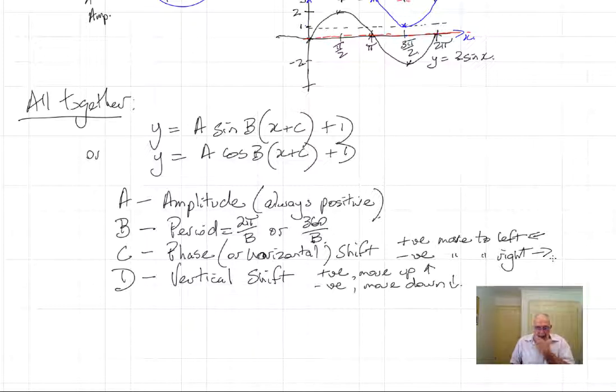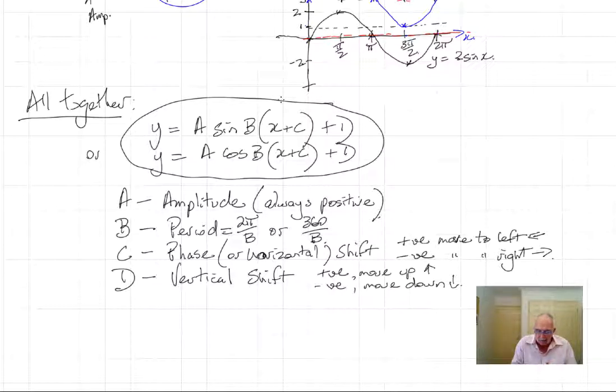Okay, so we'll come back in future videos and do some examples showing how all that works, but that's what you need to memorize. You need to remember what a, b, c, d tell you about the graph.